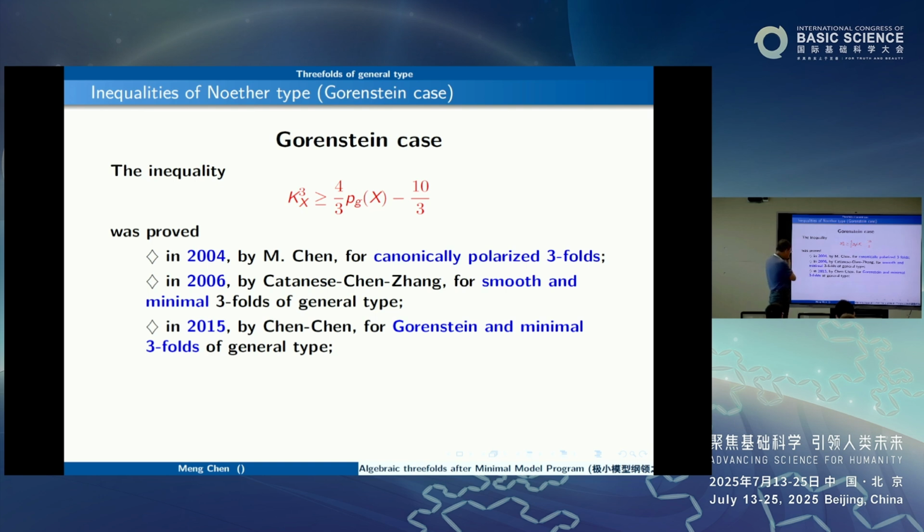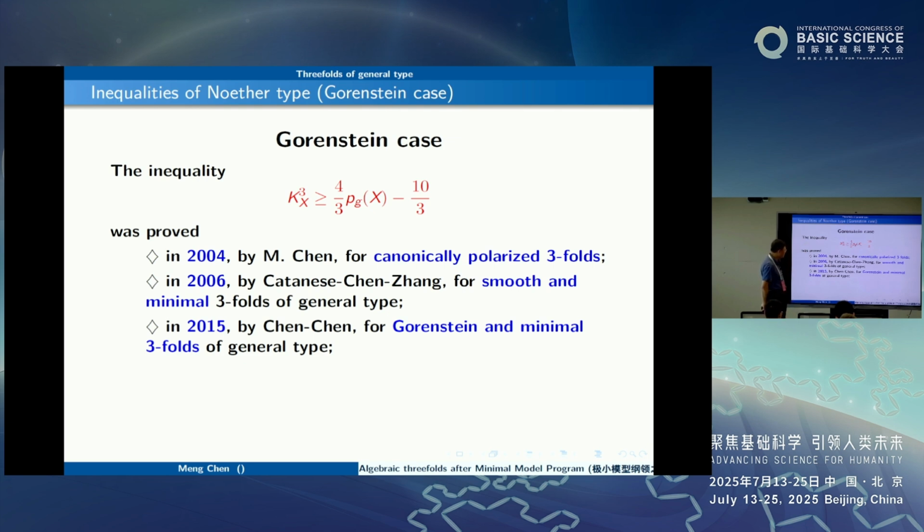This was first proved by myself in 2004. I first proved this inequality for canonically polarized threefolds, that means X is smooth and K_X is ample. Then it was gradually generalized.